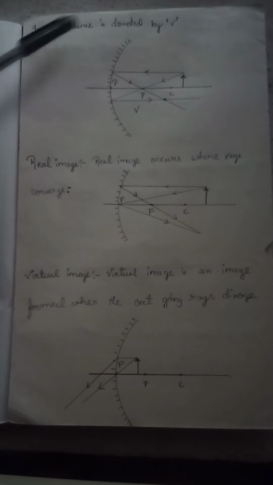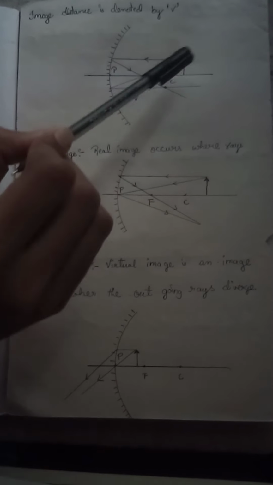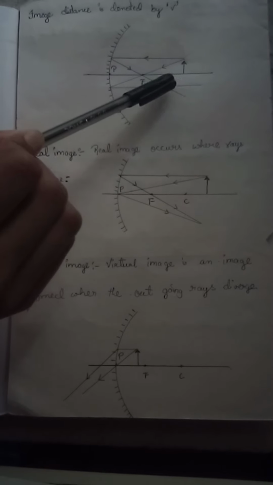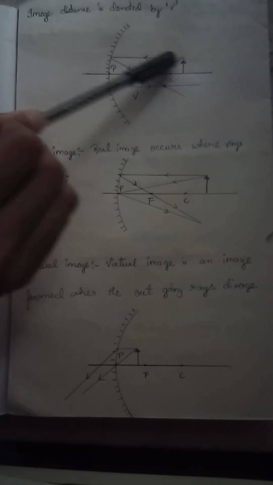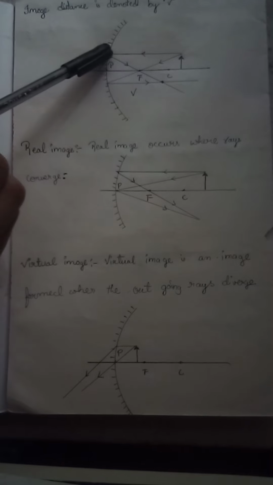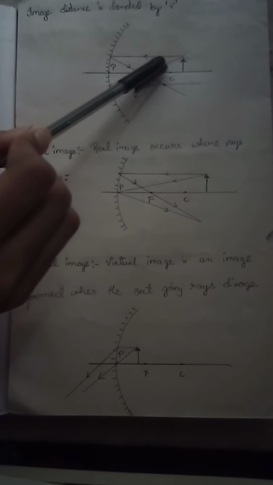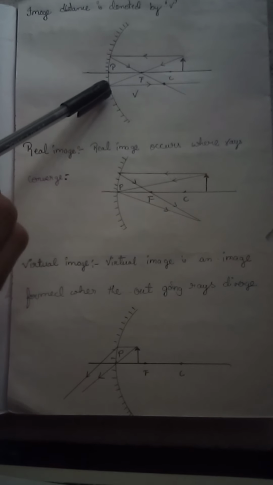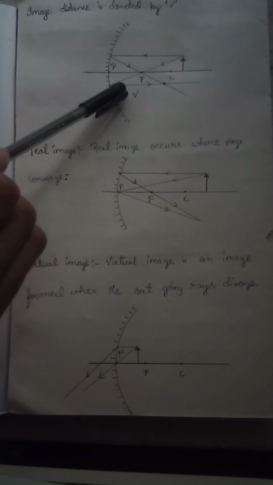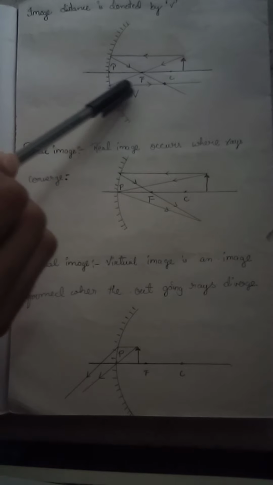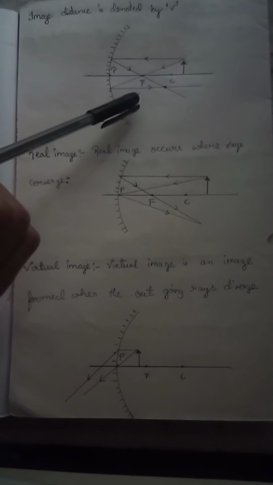Image distance. You can see this diagram. These rays are passing through here. The object is beyond C. From here one ray is passing, and it touches the mirror and goes through the focal point, and one more ray comes down, goes through the focal point, touches the mirror and reflects back.